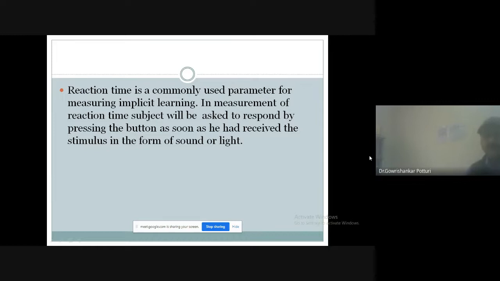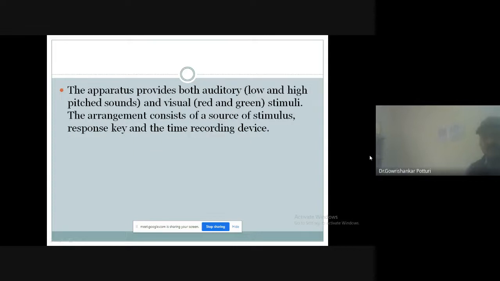Whenever the signal, a sound or a light, is given, immediately the client has to press the button. The time he takes to press the button is called audiovisual reaction time.